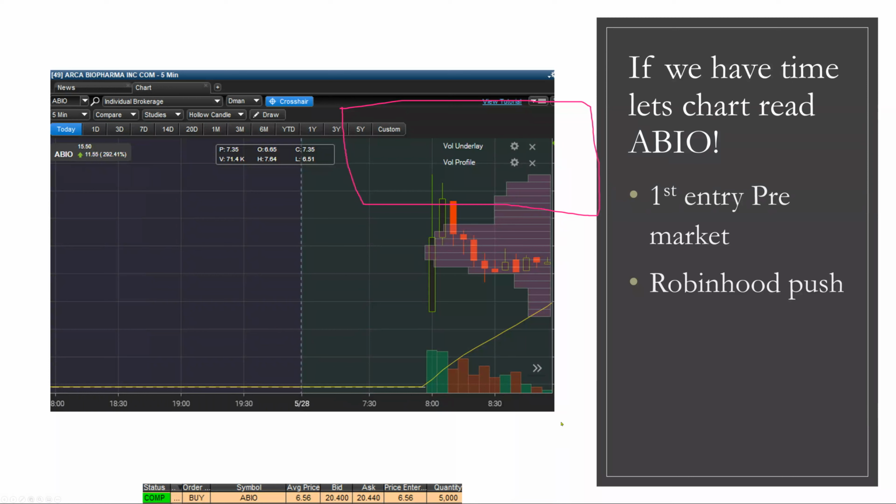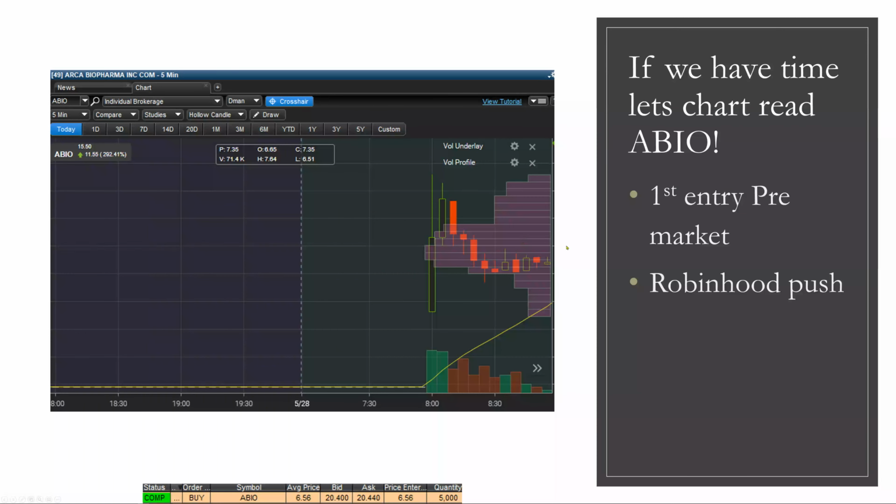What'll happen is, as soon as that pre-market opens, you'll get a pop at like 4 a.m., 7 a.m. You'll get a pop, then it'll sell off, then it'll start to flatten out, and then it'll pop again once Robinhood opens. And so that's what I call the Robinhood push.